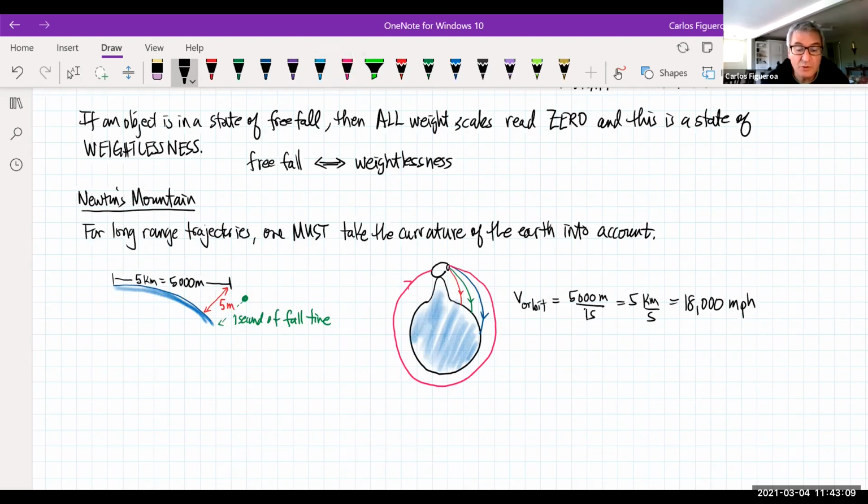And what's cool about this is that anytime you have a satellite, so if this is Earth right here, and you have a satellite that's orbiting Earth, this satellite is actually moving at 18,000 miles an hour.